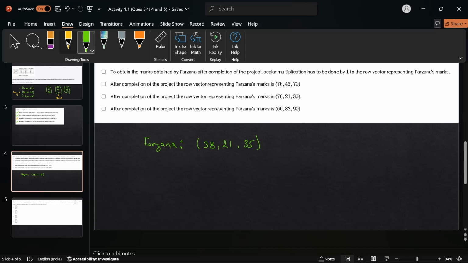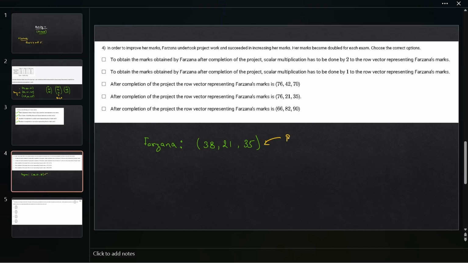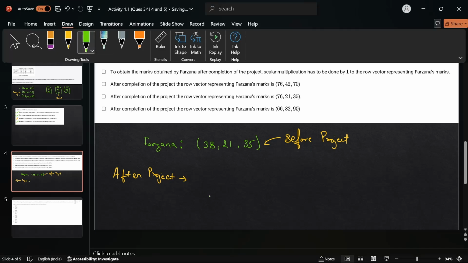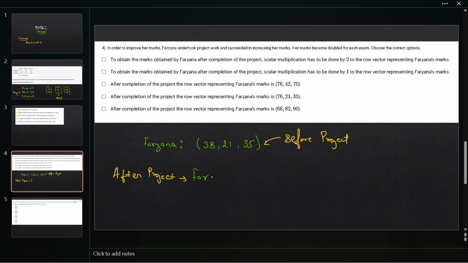So we have the marks of Farzana before the project and after the project. What happened to the marks of Farzana? It doubled for each subject.